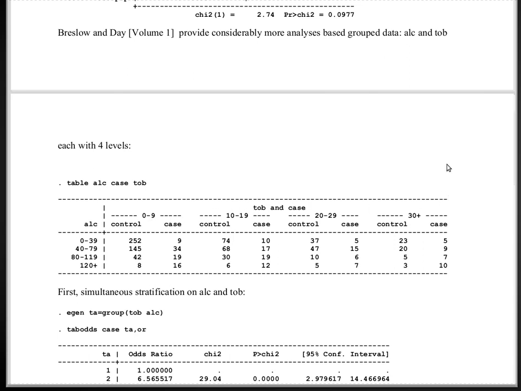Okay, so 4 levels of alcohol and 4 levels of tobacco. The data could be displayed then, again, in exactly the same ways we did before. Now we've got, well, you could say, if in fact the issue is, again, still about whether or not case control status is associated with tobacco exposure, a more complicated situation to explore. Now we've got a lot of 2x2 tables.